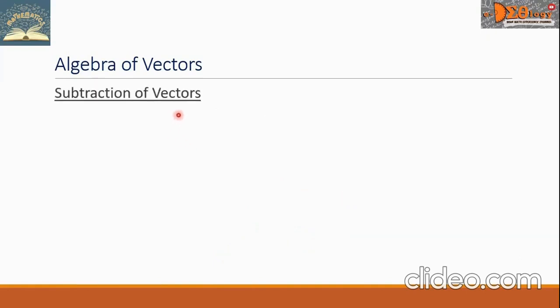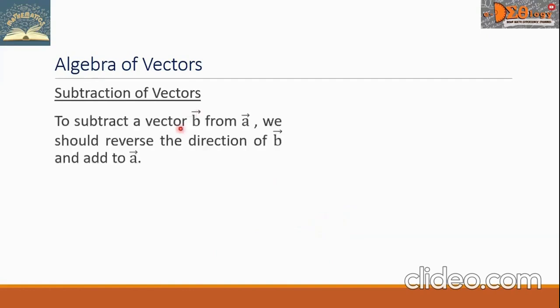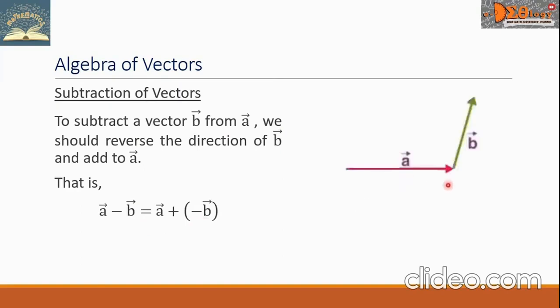Now, subtraction of vectors. To subtract a vector B from A, we should reverse the direction of vector B and add to vector A. That is, vector A minus vector B equals vector A plus the negative of vector B. Suppose this is vector A and vector B is here.